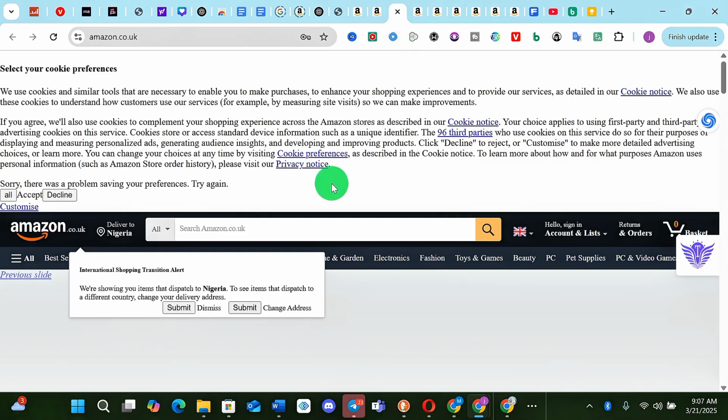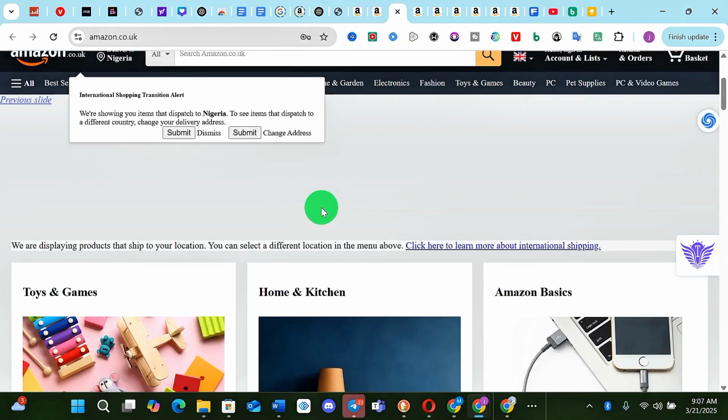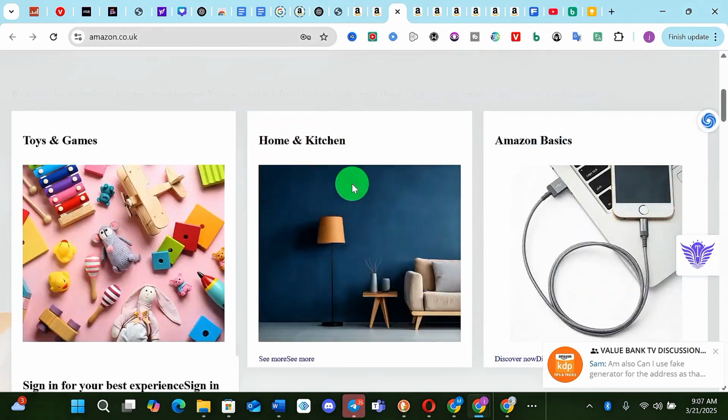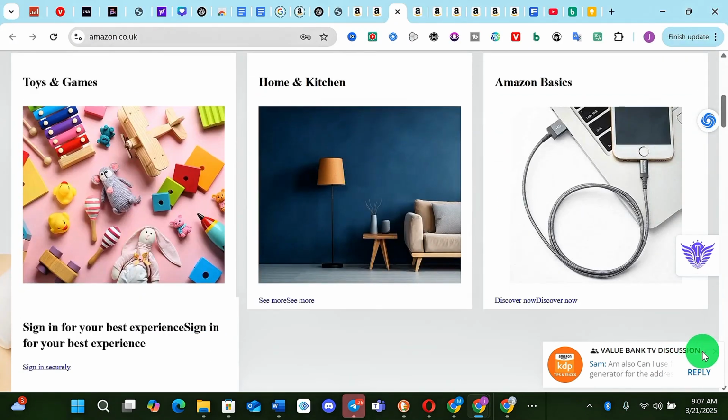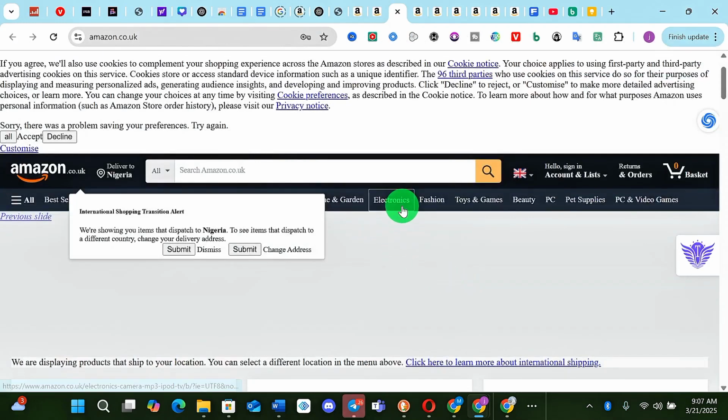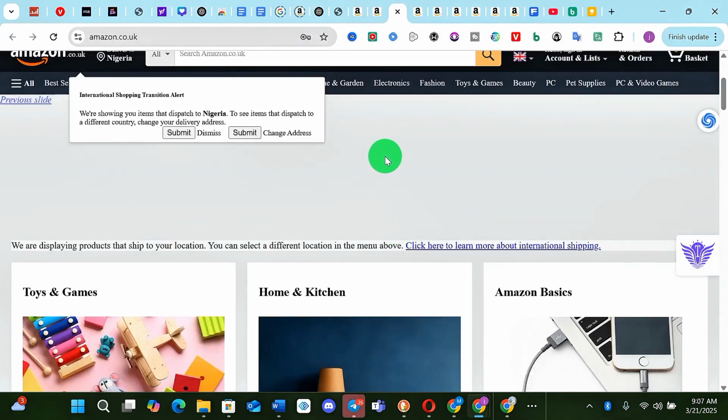Okay, so another market that actually sells very well is the UK market. That is another market that really sells very, very well. You can publish your book in the UK market.